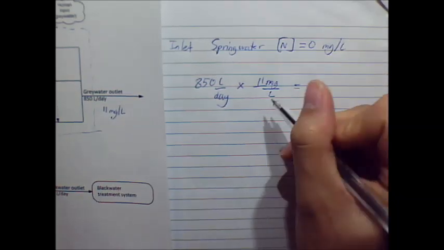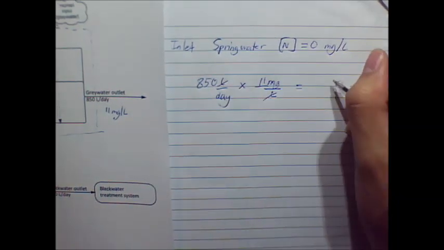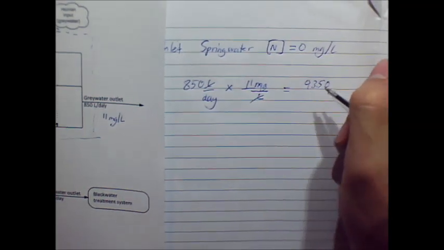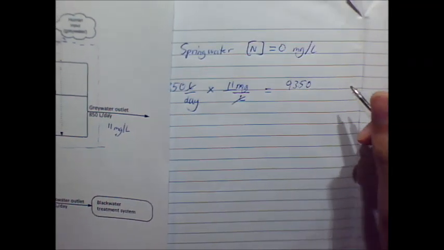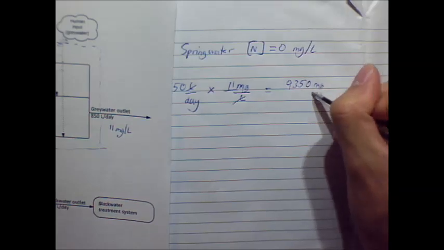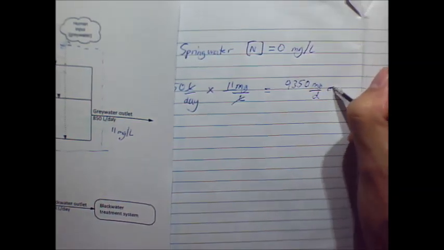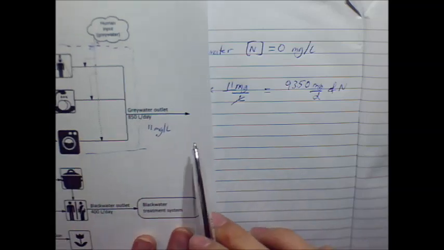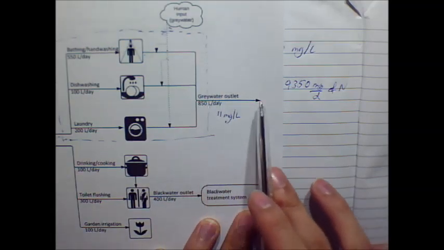That will give us a total of 9,350 milligrams per day of nitrogen. That's all we have. So we've worked out over here how much nitrogen is in this stream.